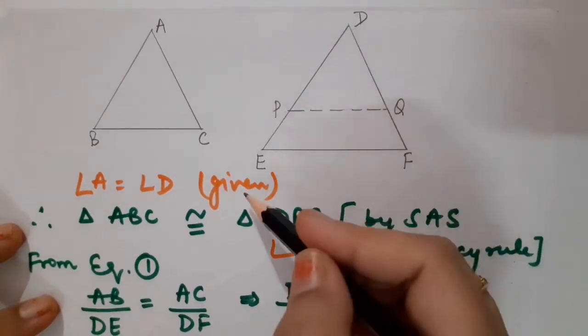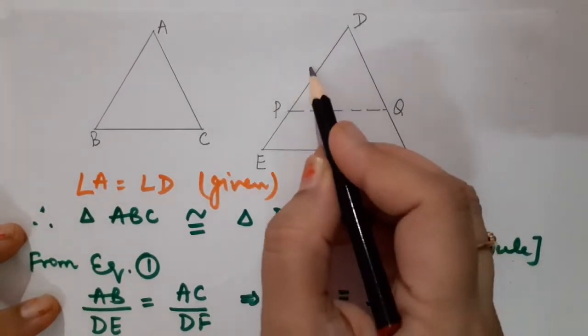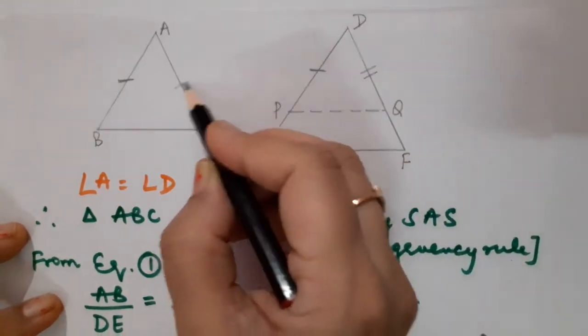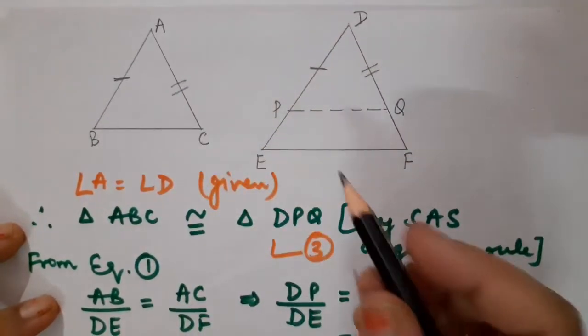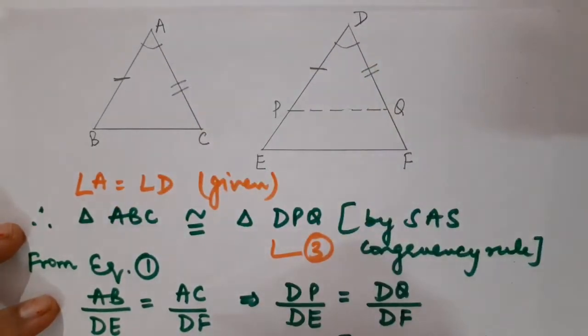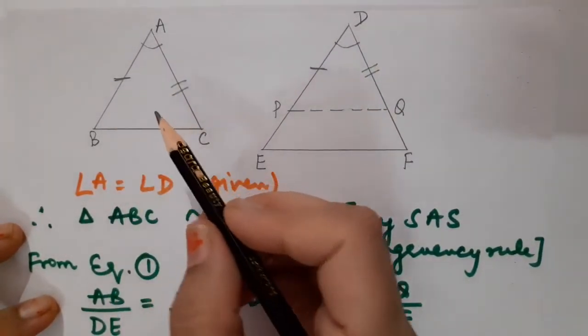So DE is cut in such a way that DP must be equal to AB and DQ must be equal to AC. Clear, children? And angle A is equal to angle D. This has been given to us. So which criteria can I apply?